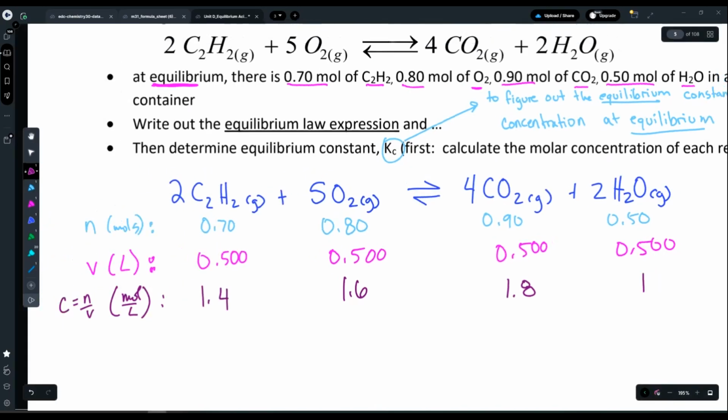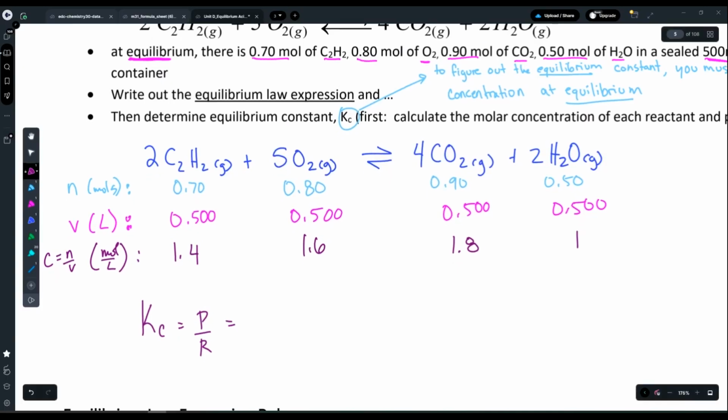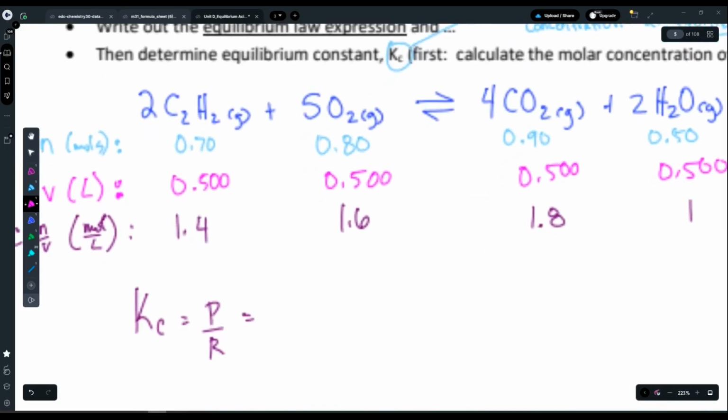Alright, so now that we have all of our concentrations, we can get to writing the equilibrium law expression. So Kc, again, I always like starting off with products divided by reactants. I'm going to color code these so it's easy to follow.